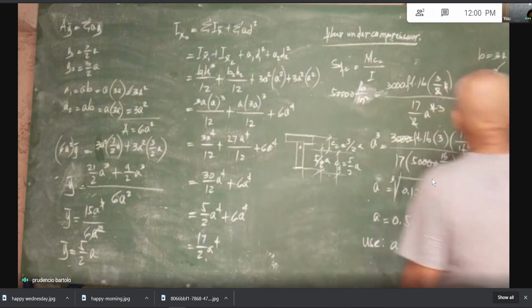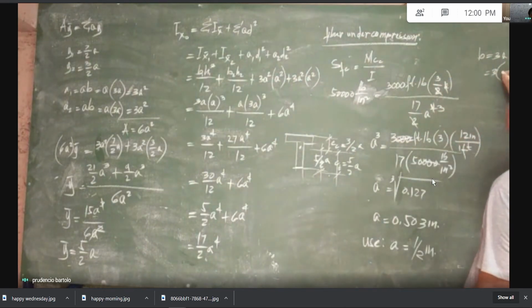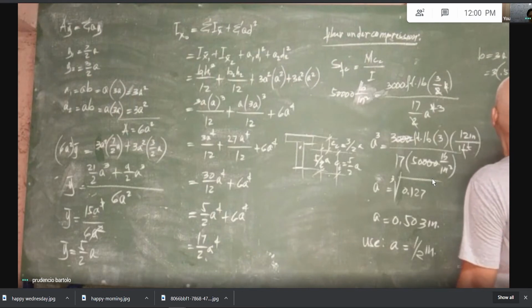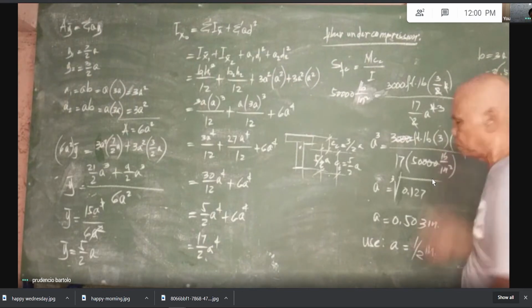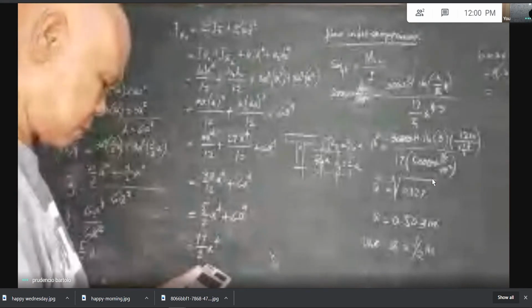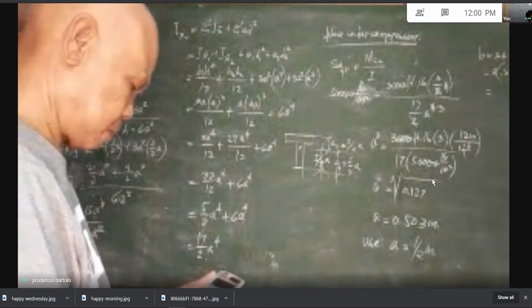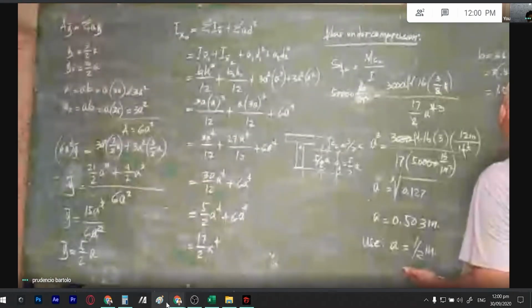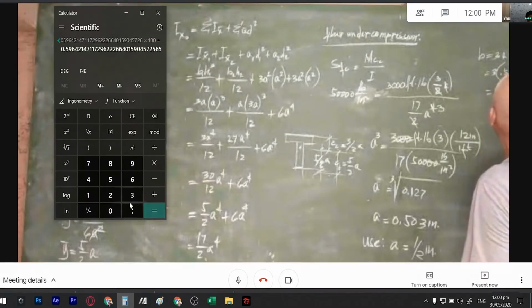Then for B, that will be equal to 3 by 0.503, or that is equal to 1.509.